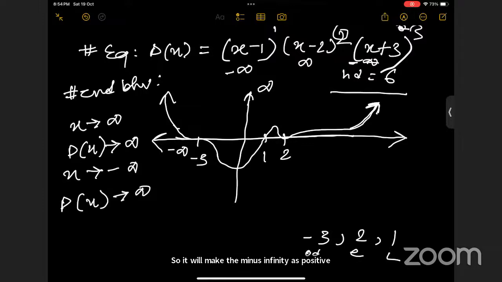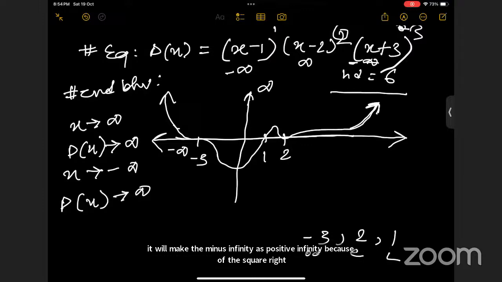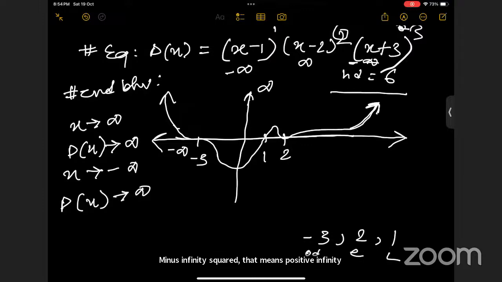Minus infinity square means positive infinity. And then in the third factor, again we have (x plus 3) cube, so cube of negative infinity is negative infinity. Now if we multiply all the terms, we will get a positive infinity. Okay, it's fine. Thank you, ma'am.